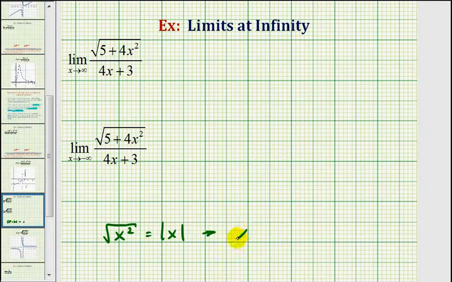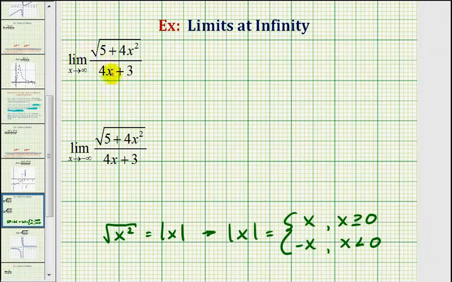Which means the absolute value of x, if we want to write this in terms of x, is equal to x if x is greater than or equal to 0, but it would be negative x if x is less than 0. Meaning if x is negative, we can write the absolute value of x as the opposite of x. And we'll have to do this when we factor to determine these limits.